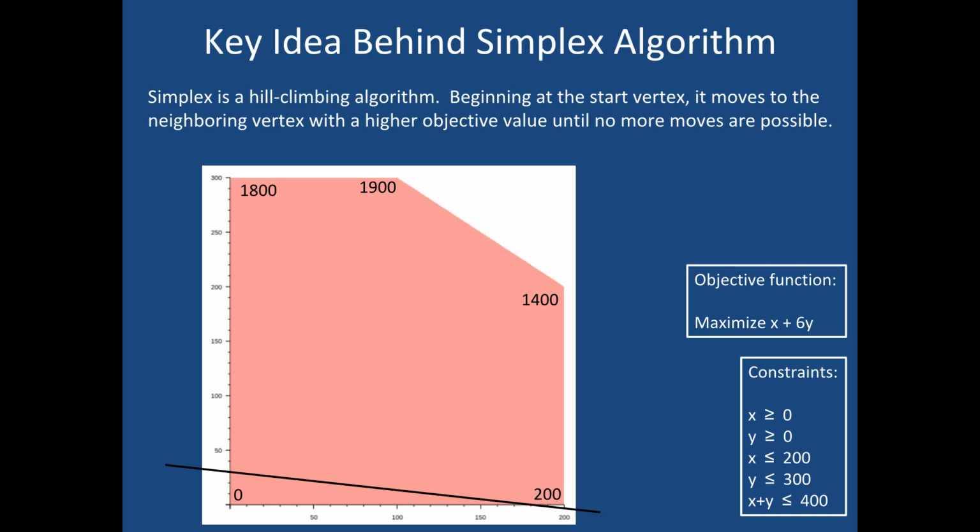And at that point, the value of x plus 6y, the objective, is going to be 1900. And that's the largest. And then it exits the region. So making x plus 6y larger and larger moves the line up, and when it finally is at its maximum value before it exits the region, it touches that point.